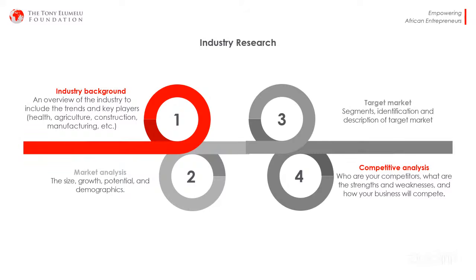Then your target market, like I said, segmenting your market. Who is my target market? How do they buy? Where do they buy? You describe that market. And then what is the available market? There's the target market, which is everybody. You could have a target market of all youths, maybe your product is for youth. Then within that target market, there's already a serviceable market. There are already people providing that service to them.